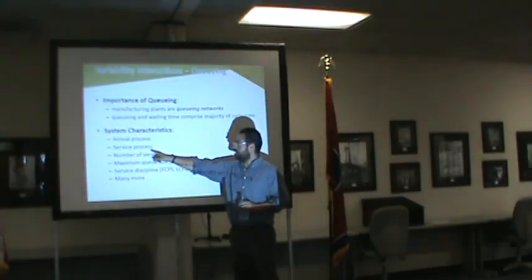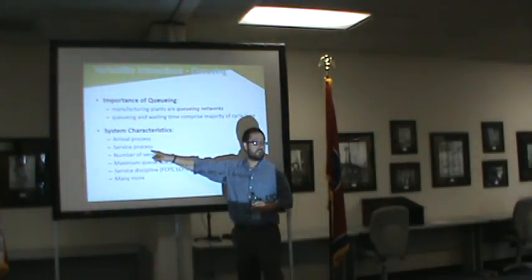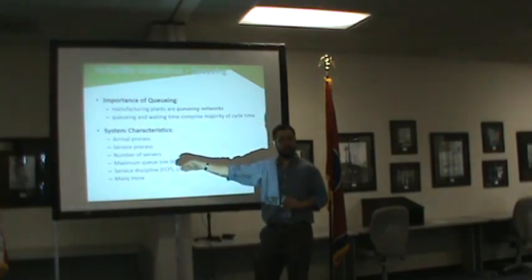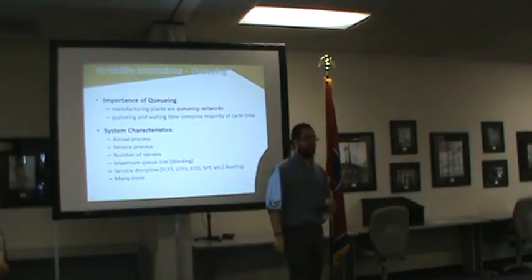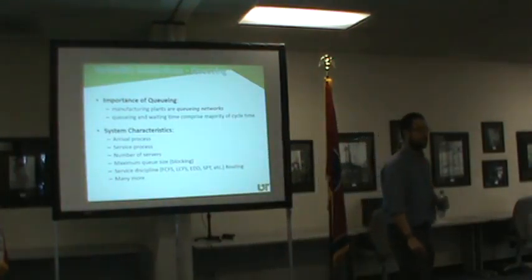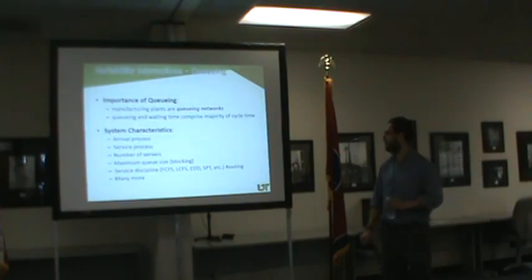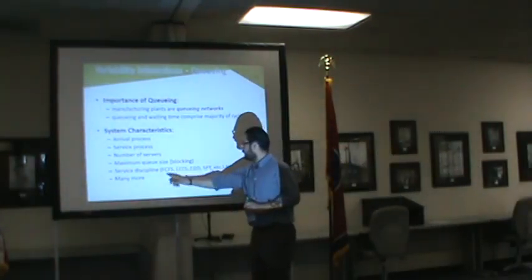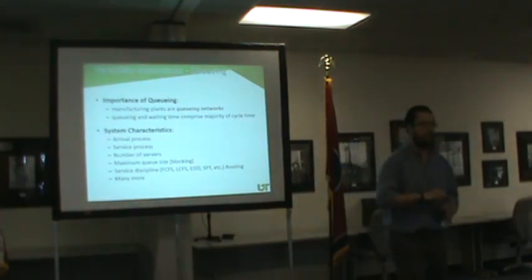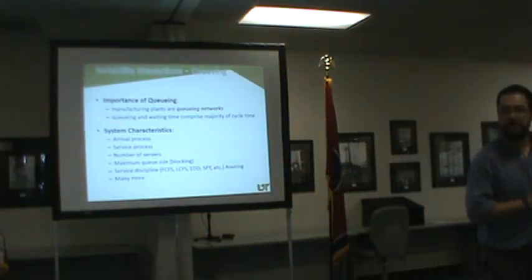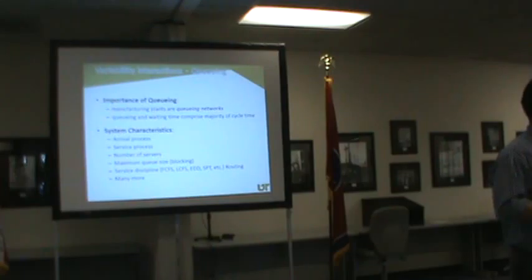How long did it take for that item to get to service, how long did that service take, and how many servers we're going to have. Okay, that's very important. And then if that queue has a limit. Okay, again, I mentioned earlier, there's going to be many cases where the queue has a limit.